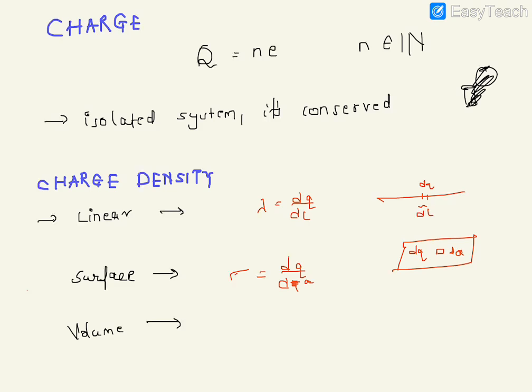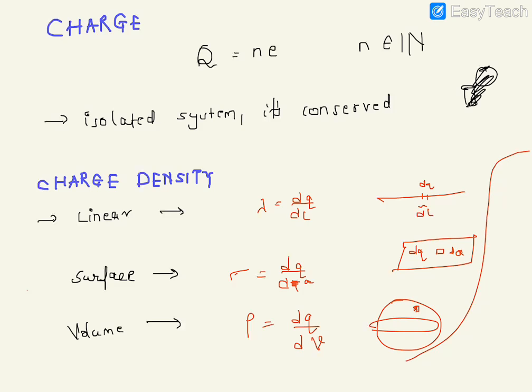Finally, rho equals dq by dv. So let's say we have this 3D structure, and in this small element dv, we have dq charge. I hope this is clear, and these are the very basics which are usually taught around 12th standard in the electromagnetic theory chapters.